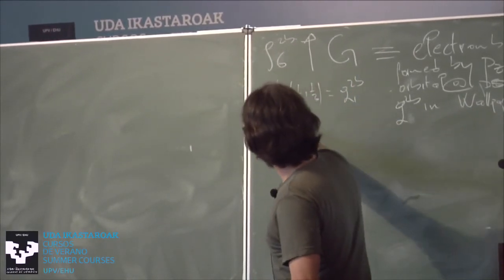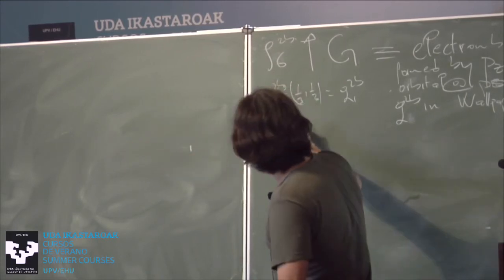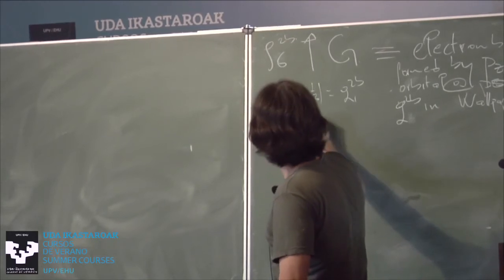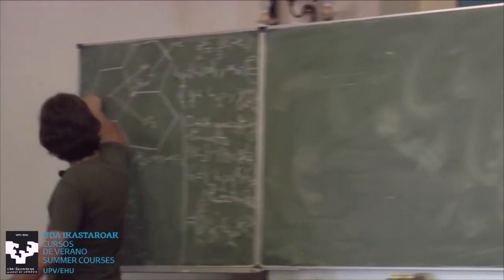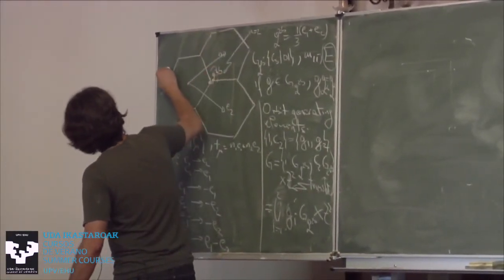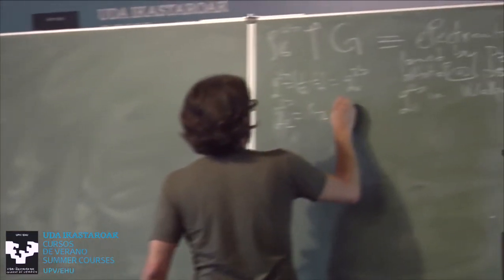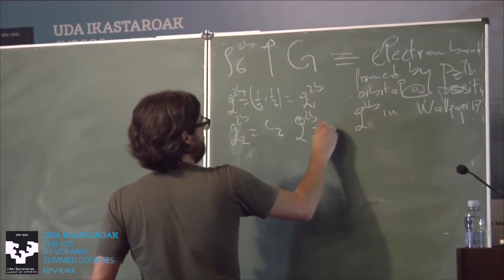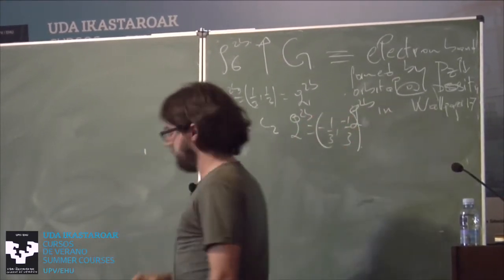In the same Wyckoff position there's another site, Q2B, call it 2, which is just C2 times this guy. This is rho Q2B1, Q2B2. And this guy is just C2 times Q2B, and it's minus 1/3, minus 1/3. Okay?